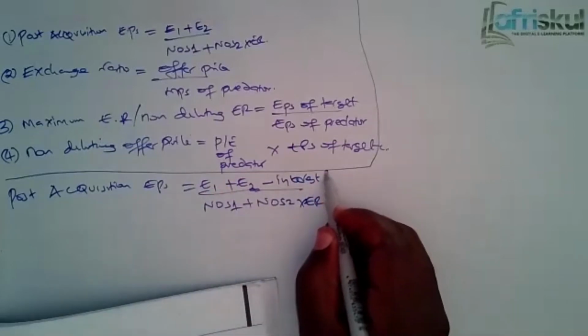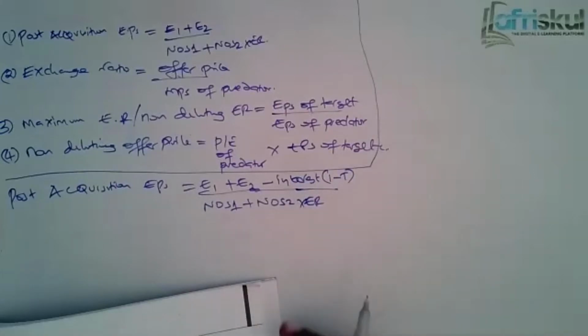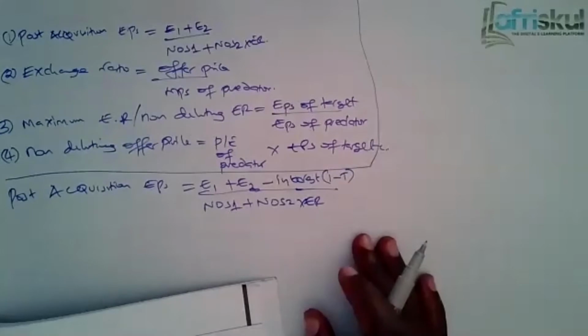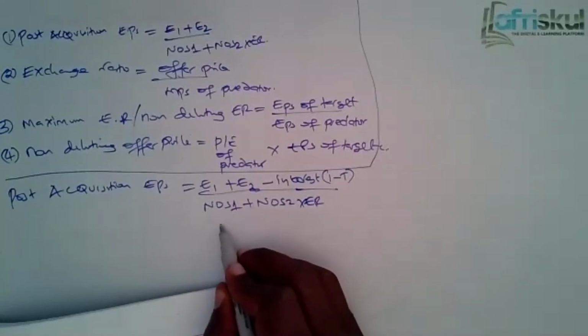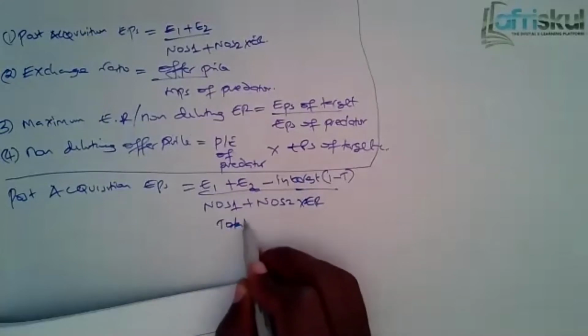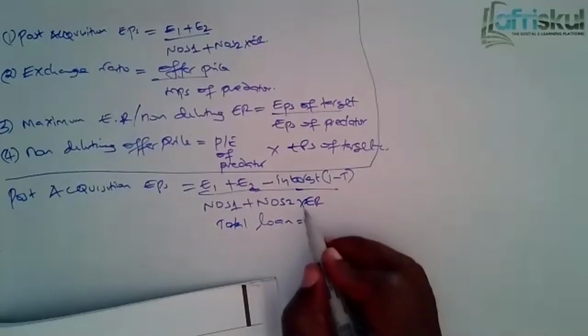However, remember that this interest is tax allowable, so it has to be interest after tax. The very first thing I will do is establish the total loan. So how do we get this total loan?